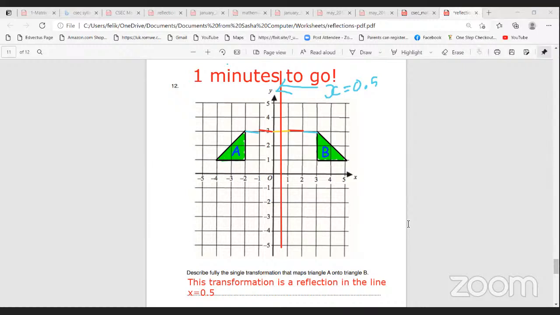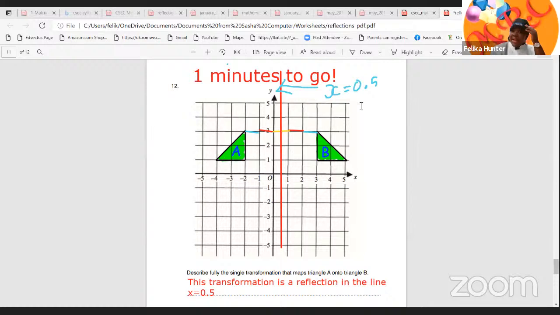All right, Dejanoe, did you see the question that I placed in the group? Miss, the object is reflected in the y-axis. It's not the y-axis. It's the line x equals 0.5. What it's reflected in is whatever is halfway between the two.